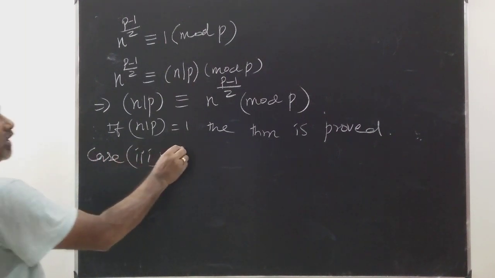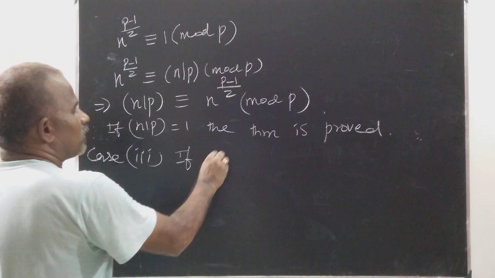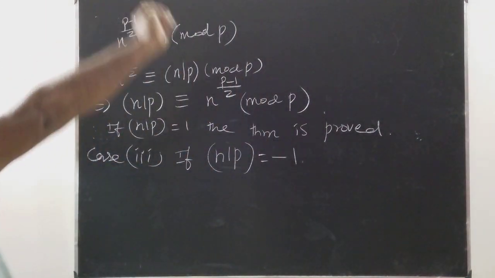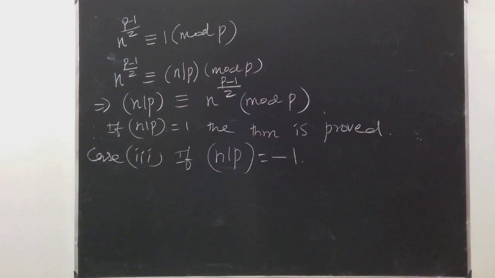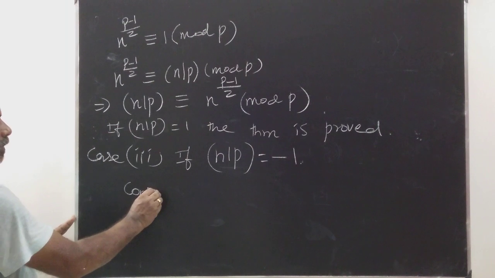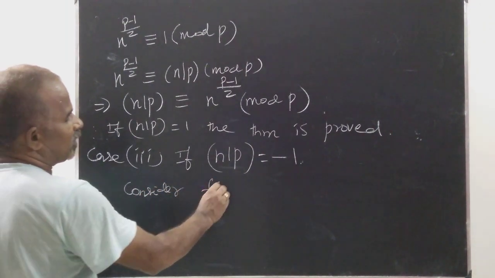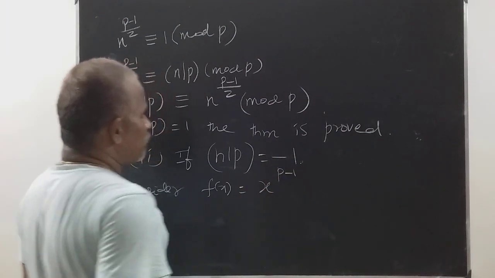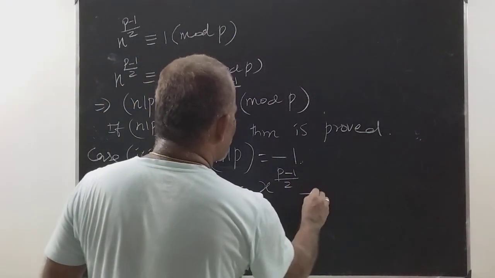The next case, case 3. Case 3 is if (n/p) is equal to minus 1. So consider the polynomial f(x) equal to x^((p-1)/2) minus 1.